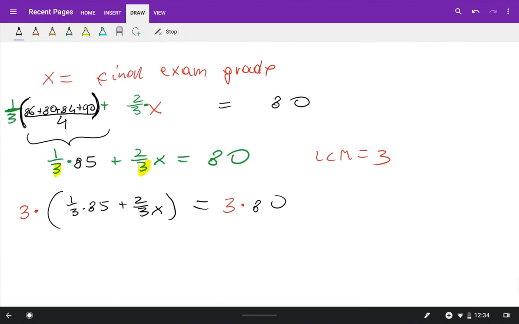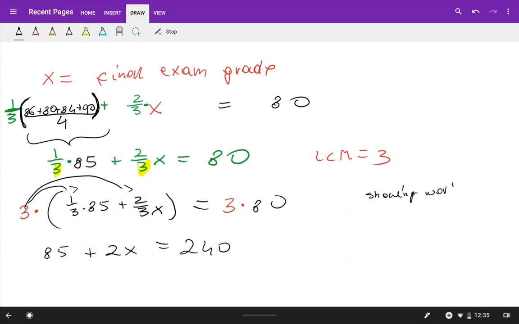Now I'm going to distribute. 3 times 1/3 is just 1, so we end up with 85 plus 3 times 2/3, so again, 3 will cancel, and you end up with 2x equals 240. Again, I'm showing work: 3 times 1 times 85 over 3. That's how I end up with that 85 right here.